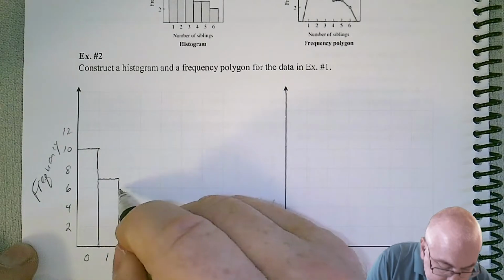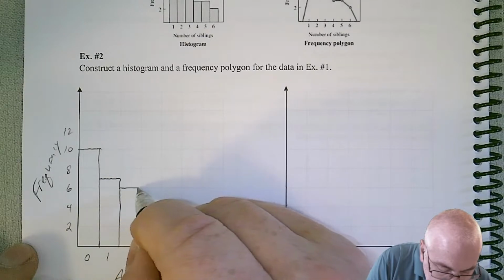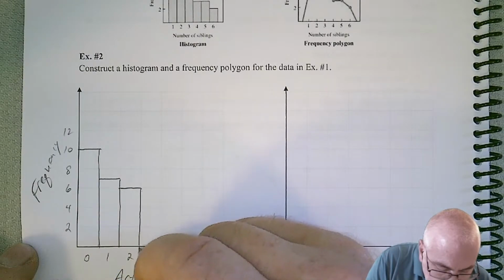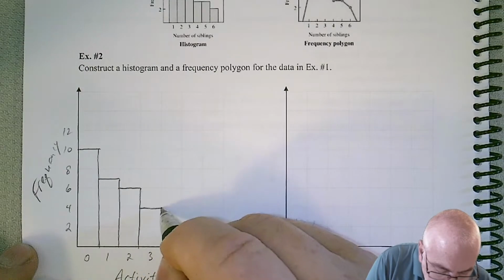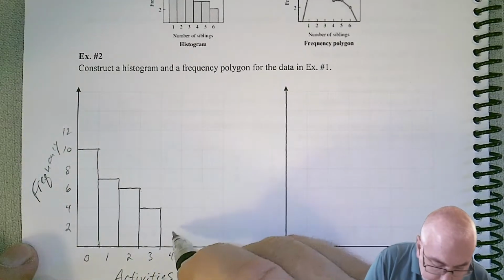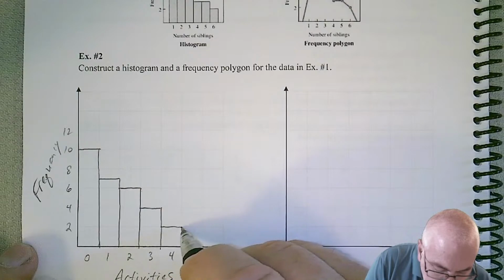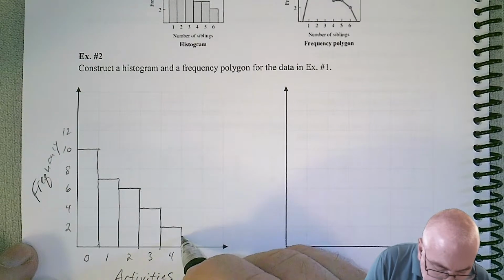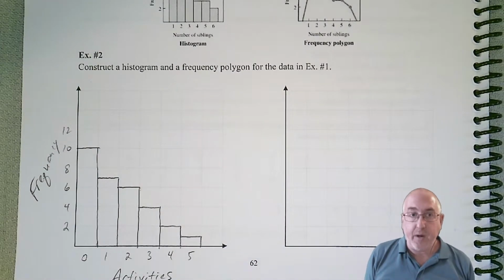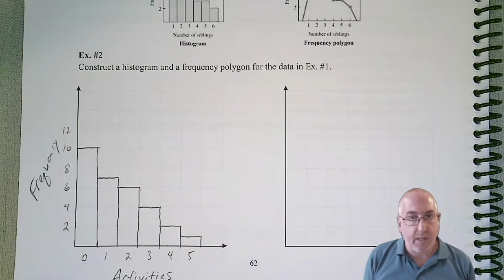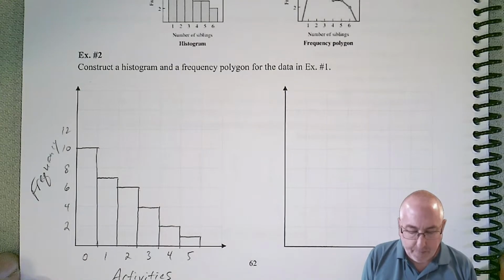Next one goes up to 6. Next one is 4. Next is 2. And last but not least is 1. And there's our histogram. Not too bad, hopefully.